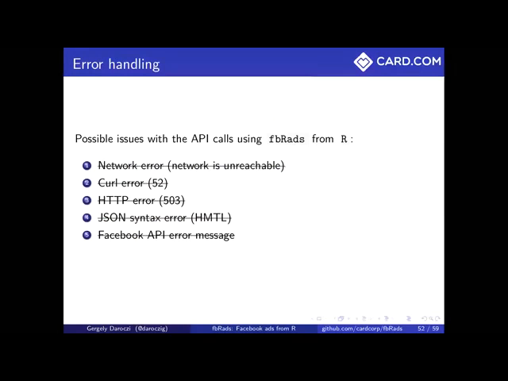If there's a temporary error, the package will retry the query automatically, so you can sleep well at night when your automated scripts are running. You won't get an email notification due to some annoying curl error. The package will retry it again, and hopefully we'll get the expected results in a few minutes.